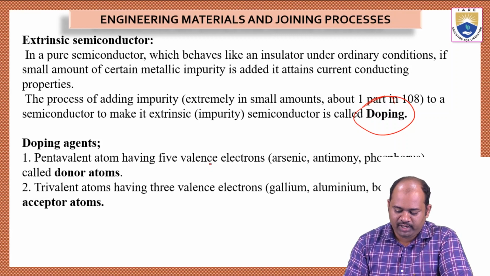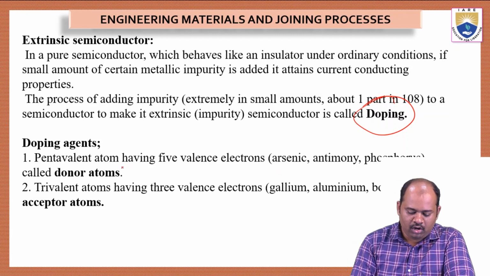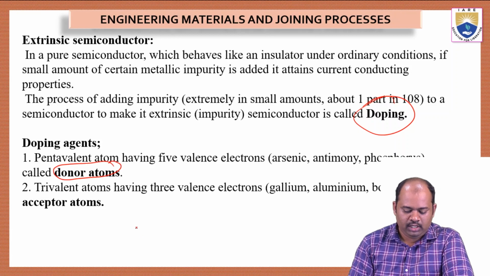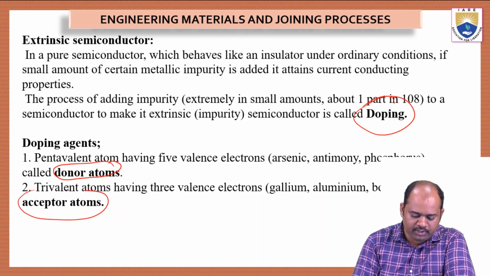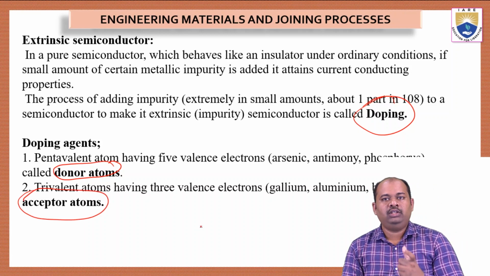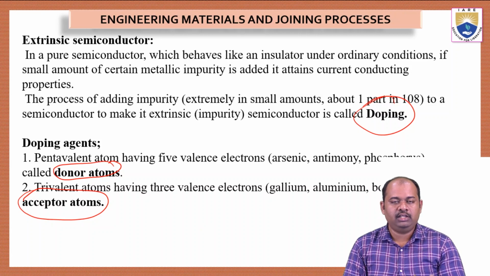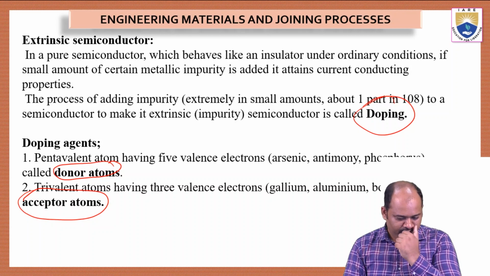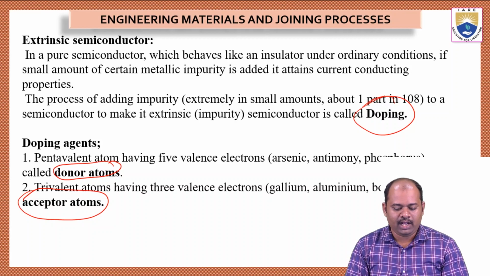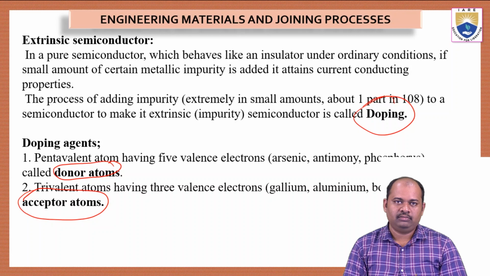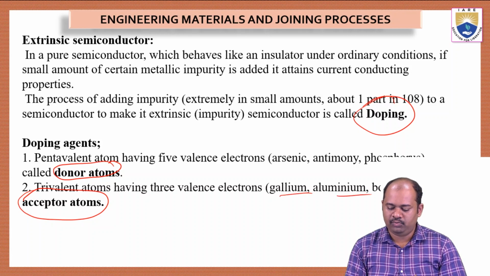Pentavalent atoms having 5 valence electrons are called donor atoms. Trivalent atoms having 3 valence electrons are called acceptor atoms. Depending on the type of semiconducting material we have, we will add either donor atoms or acceptor atoms. Suppose if I have free electrons, I will add acceptor atoms like gallium, aluminum, boron.